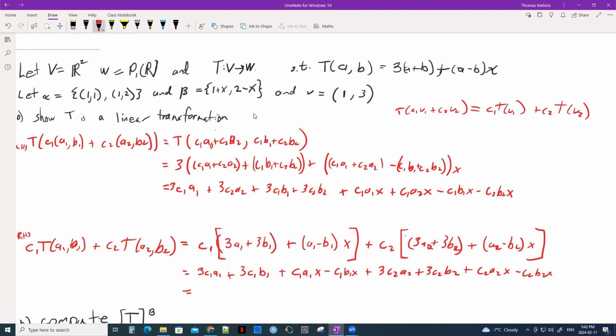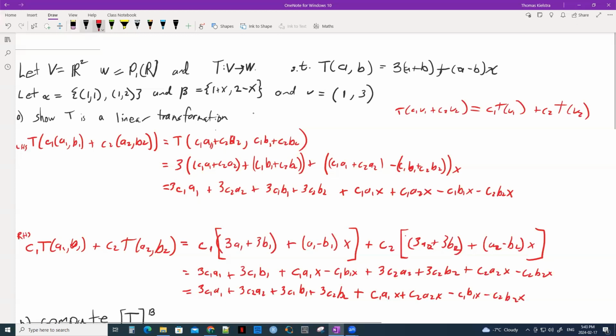And rearranging, we can get 3c1a1 + 3c2a2 + 3c1b1 + 3c2b2 plus c1a1x + c2a2x minus c1b1x minus c2b2x.